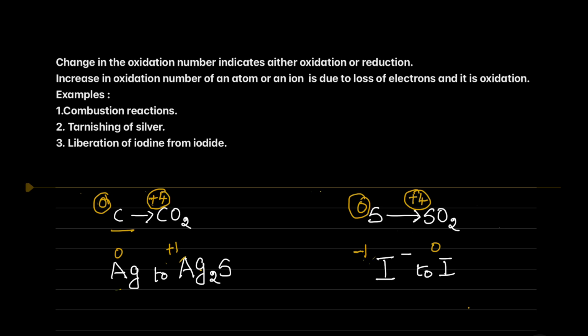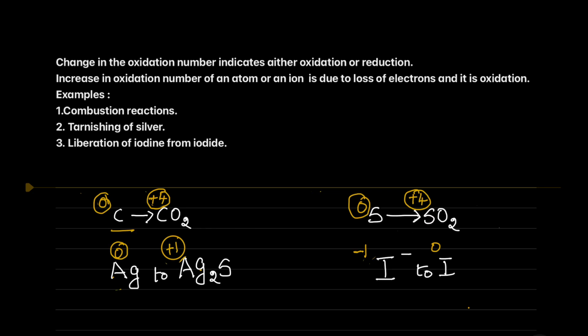So, when we look at the oxidation number of silver, as usual, both on the reactant and product side, on the reactant side, it is 0 since silver exists as an element here. Then in silver sulfide, the oxidation number of silver is plus 1. So 0 to plus 1 means it is oxidation.